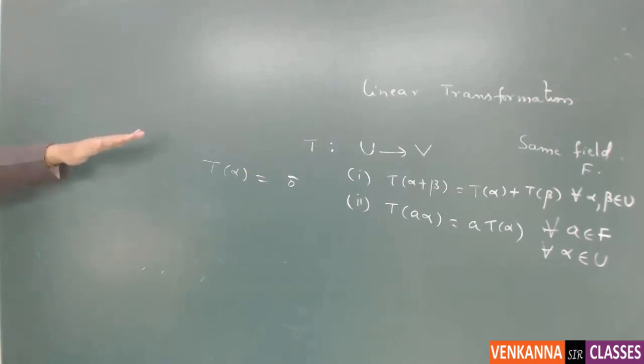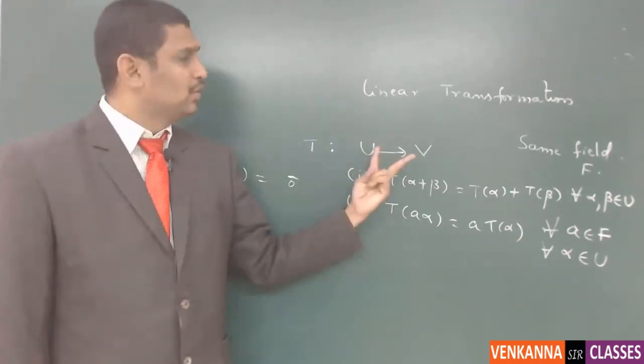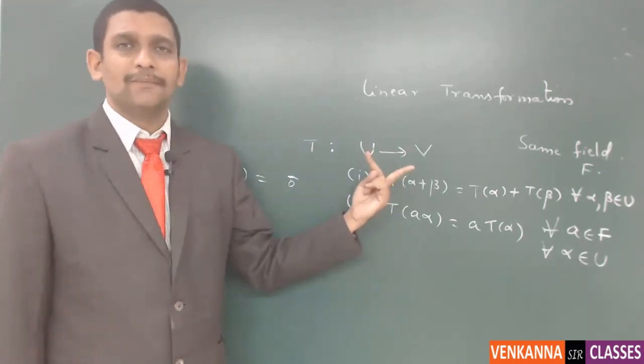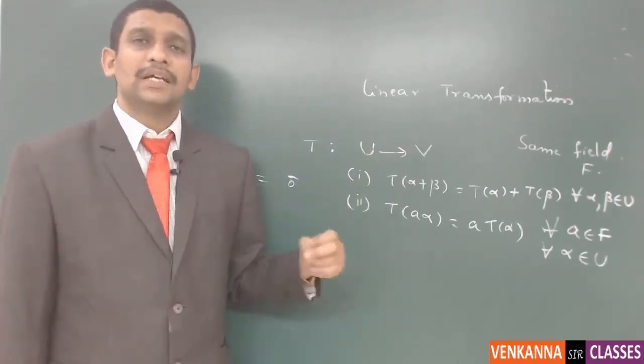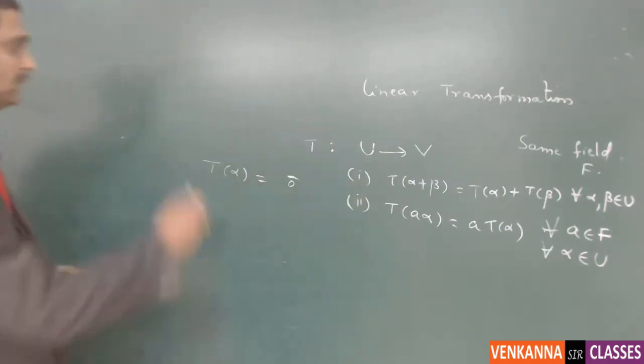So apart from this, you have different functions which satisfy the two criteria, so we call them linear transformations. One good observation is, since I have taken two different spaces here, apart from this I define the function from U to U itself.